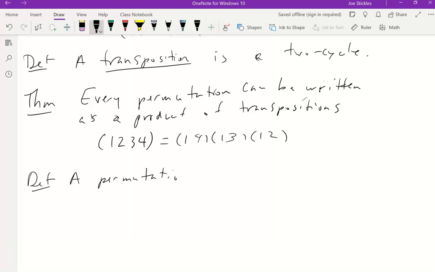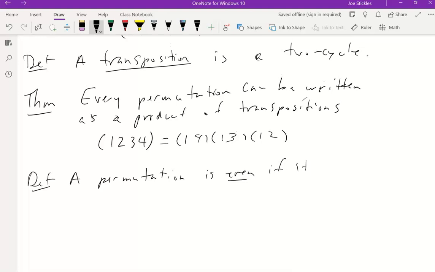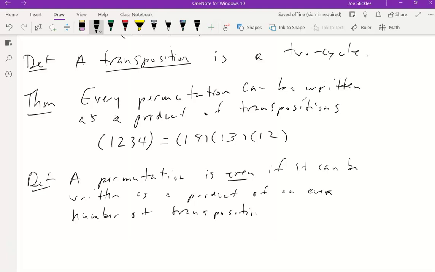So as another definition, a permutation is even if it can be written as a product of an even number of transpositions. So you can probably guess what the definition of odd is.